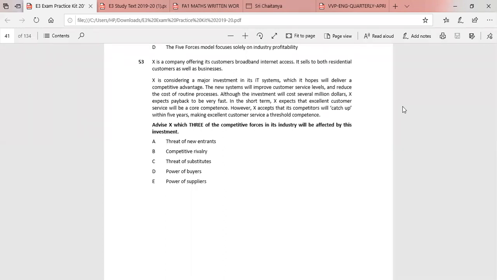Although the investment will cost several million dollars, X expects payback to be very fast. In the short term, X expects that excellent customer service will be a core competence. However, X accepts that its competitors will catch up within 5 years, making excellent customer service a threshold competence.